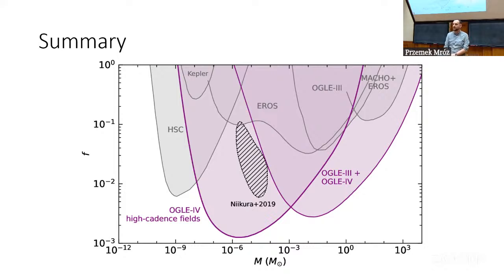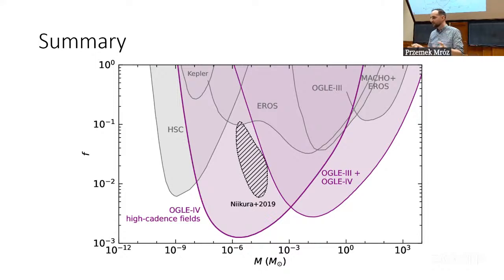And to the HSC question: HSC is the Hyper Suprime-Cam, which is on the Subaru telescope. It was a project led by a Japanese group, which observed the Andromeda Galaxy for 2 nights, but at a really high cadence, with one observation every 2 minutes. They aimed to find very short timescale microlensing events in Andromeda. They didn't find any.